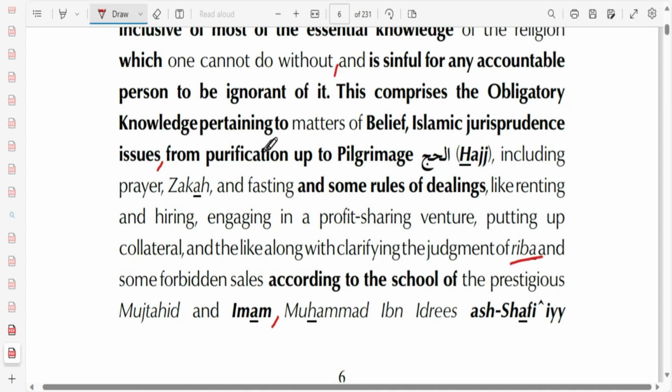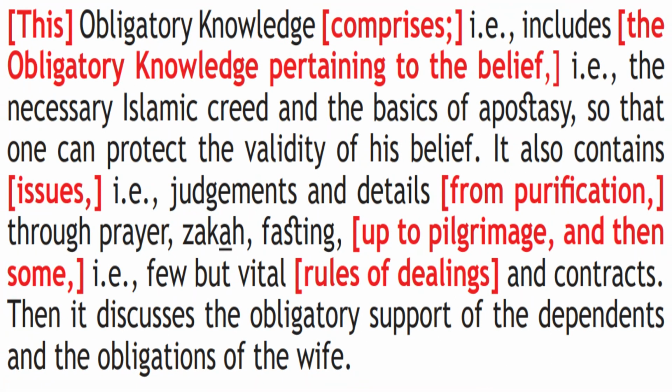Rules, including rules of purification up to pilgrimage. So including in between purification and pilgrimage, you have prayer, zakah, and fasting. Those go between purification and pilgrimage as far as the arrangement of chapters are concerned. So usually you're going to get purification, and then prayer, and then zakah, and then fasting, and then hajj.